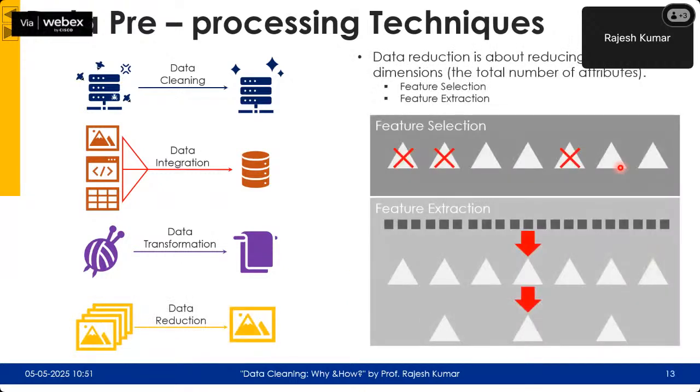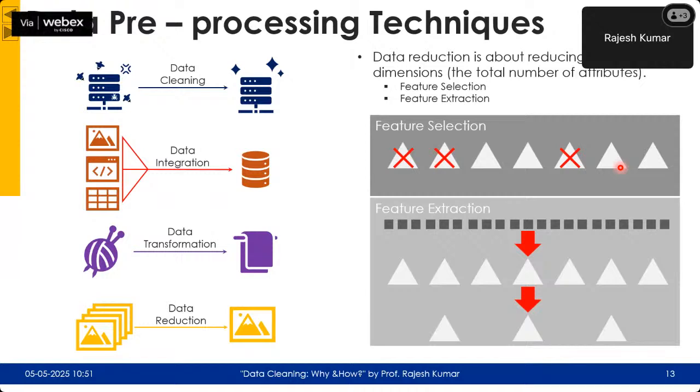And then the next part is data reduction. So data reduction is basically, okay, I have so many features, but what we'll find is that out of those many features, there are only a few which are very important for us. The rest are not that important, and we can remove them.